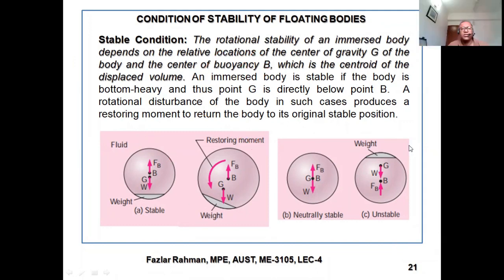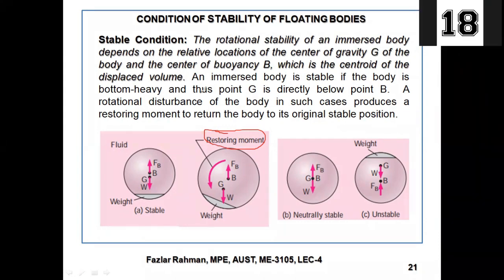I was trying to explain how the restoring moment works. Now, if the bottom of your body is heavier, then the CG will not displace, right? It remains at the bottom. As a result, you will get a restoring moment. So that's why when you are traveling in a boat, going from Dhaka to Borishal, and you have a storm, normally people try to go to the roof.